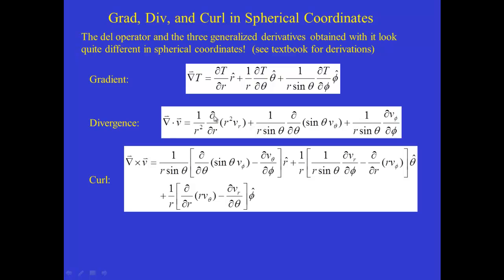It might seem a little bit odd to write this as d by dr of the quantity r squared times the r component of vector v, but that's just for compactness. One could certainly expand that derivative immediately, but then the expression would be a little bit longer because we'd be adding a separate term. So this is the way that these results are tabulated in the textbook.